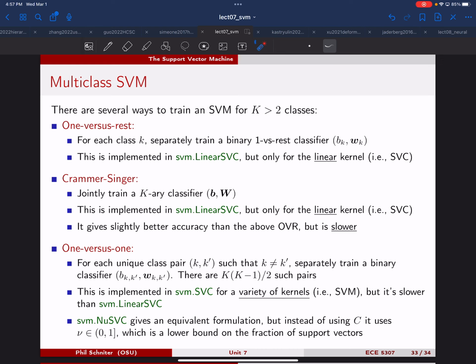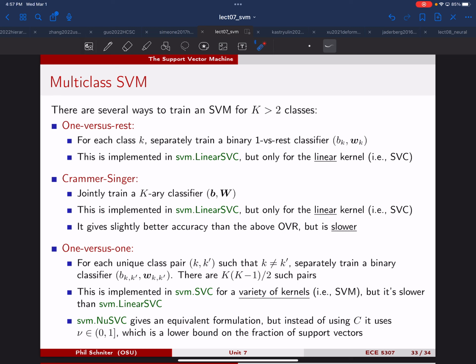We also saw the Crammer-Singer option. That is also implemented in LinearSVC only, and only works for the linear kernel. As we saw before, going from here to here gives a performance improvement, but a slowdown in the runtime.